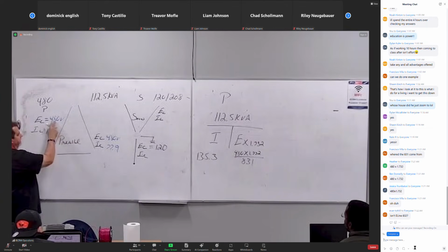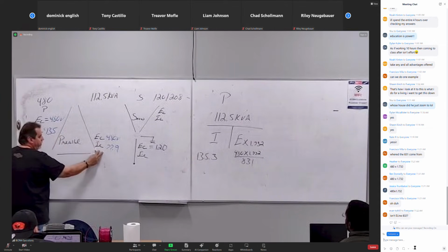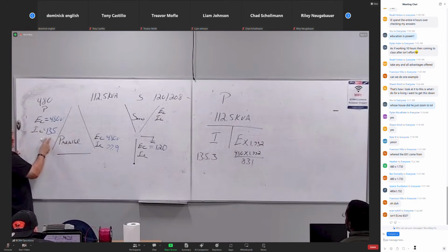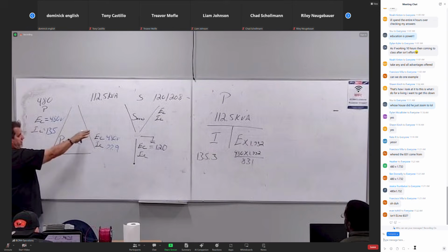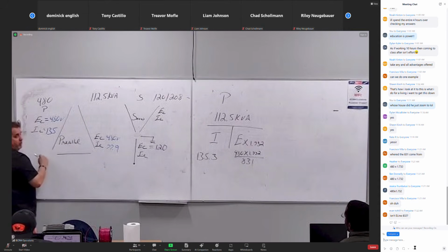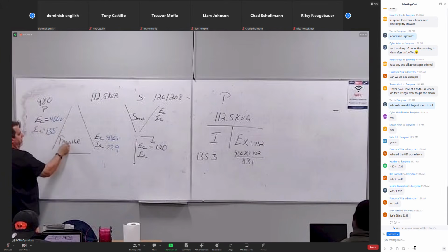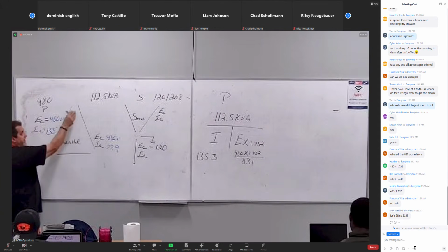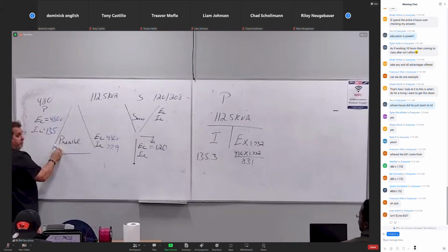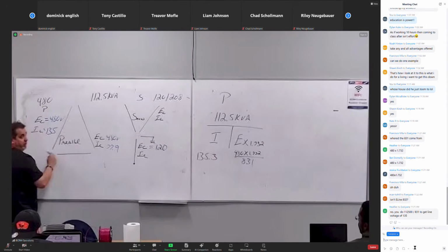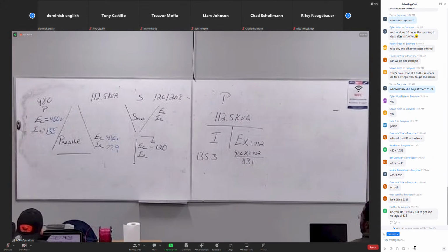Voltage stays the same. Line current is greater than coil current. I always draw my line up high because it's always greater. In the Y, my line voltage will be greater than my coil voltage. Whatever doesn't stay the same here, current and kVA, both of them are always smaller in the coil. Does that make sense?